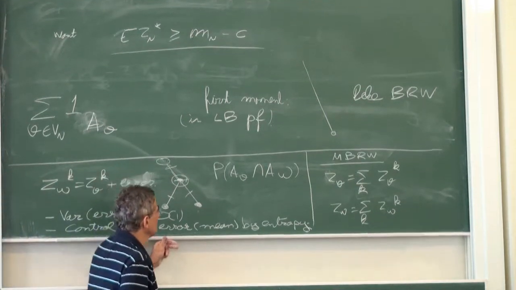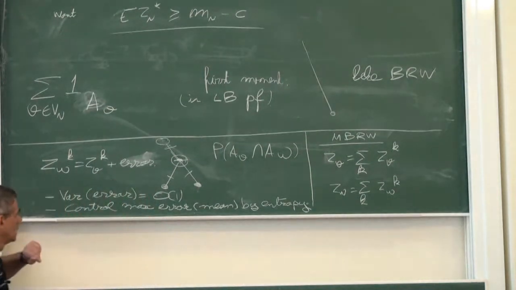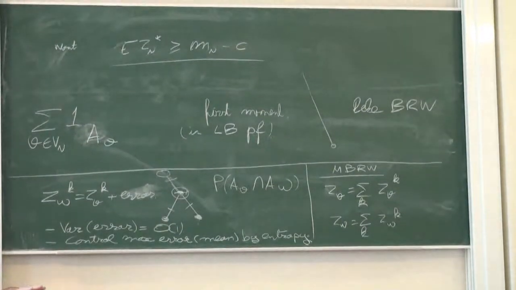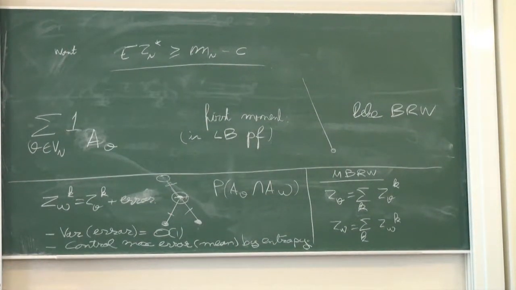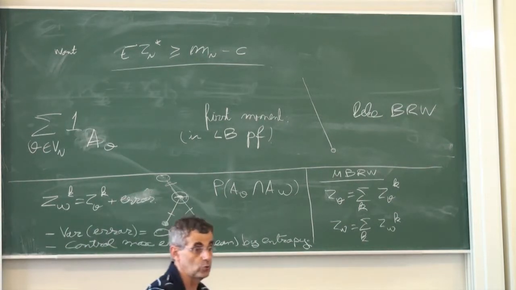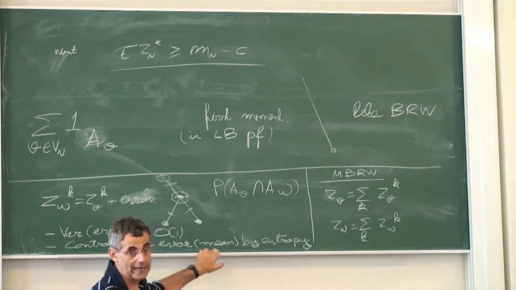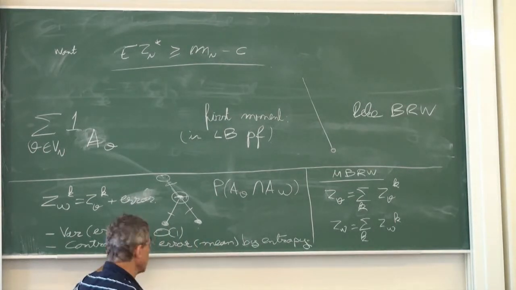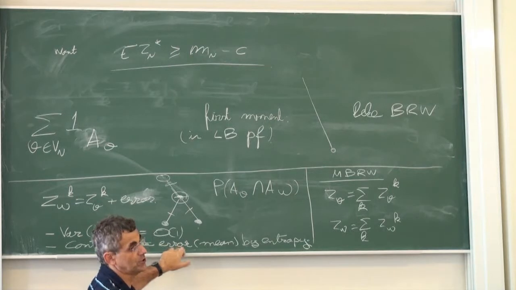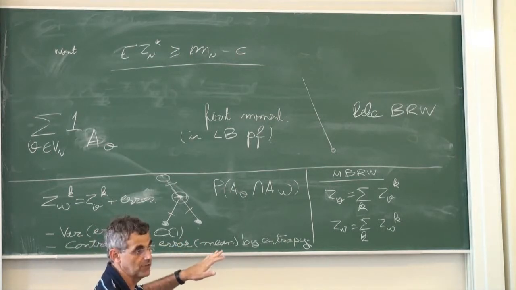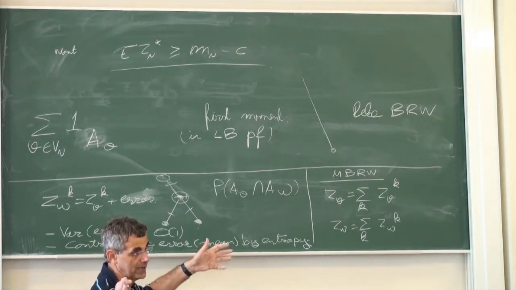It's essentially saying that if I have a very correlated field, and this field is going to be very correlated, the expectation of the maximum cannot be too large. Once I control the expectation of the maximum, because the variance is of order 1, Borell's inequality gives me control over the maximum itself, and actually the tail of the maximum.